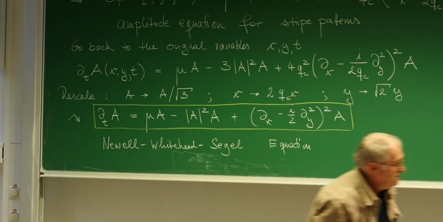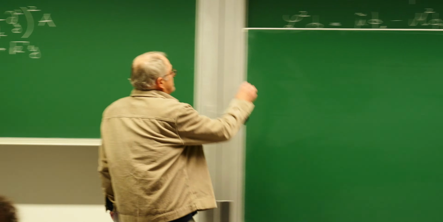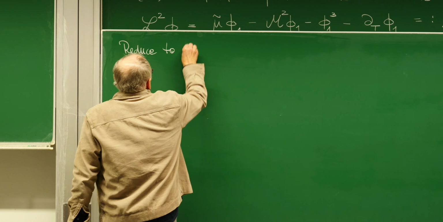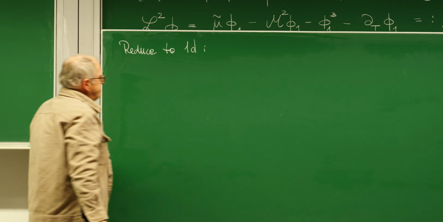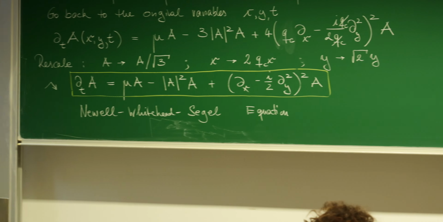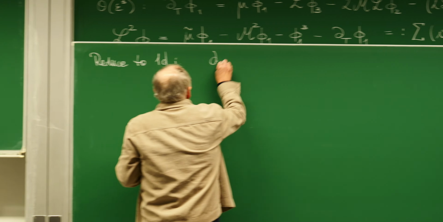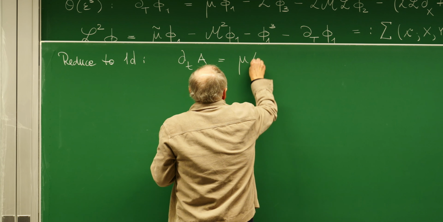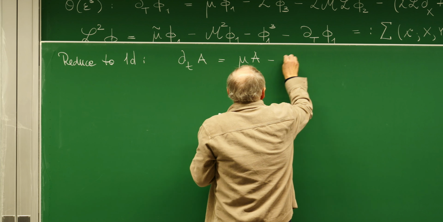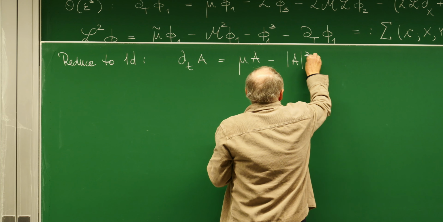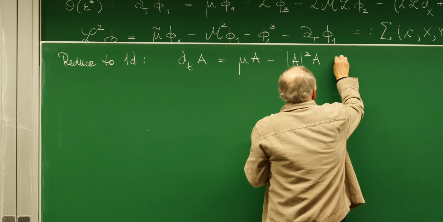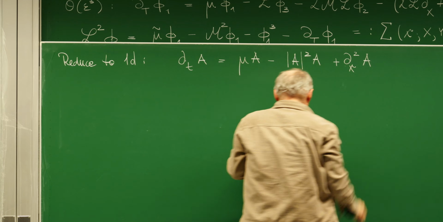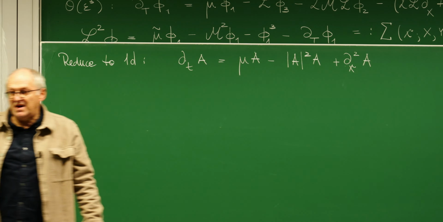Let me wipe the board. Let's simplify this and reduce to one dimension. This becomes very simple. It's dt A equals mu A minus A squared A plus dx squared A. And you've seen that before.